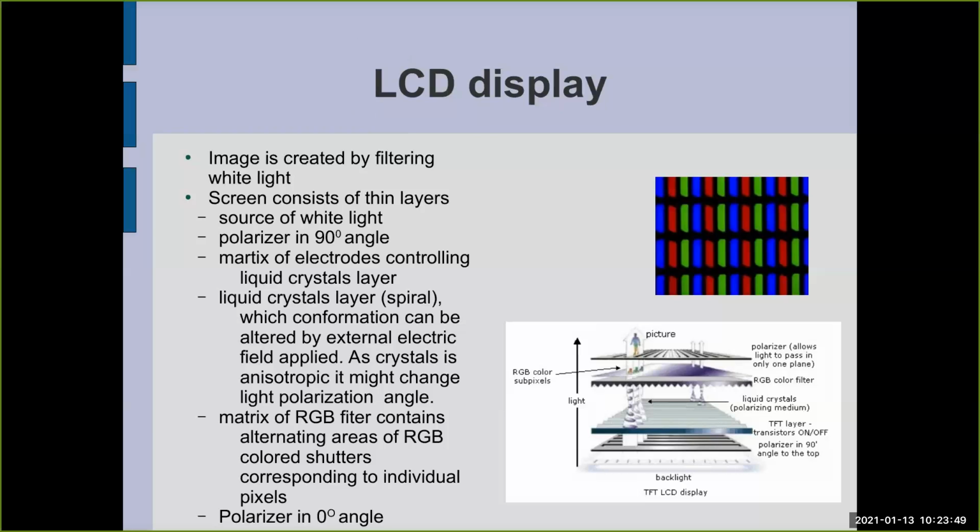But it twists light polarization when voltage is supplied, and the twist angle depends on the voltage value. Okay? So using this transistor on-off layer, we can control the twist of the light vector in a separate and quite small region.